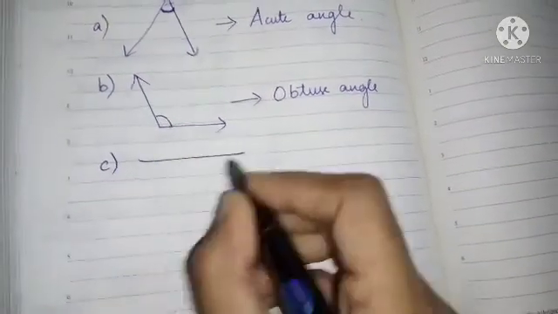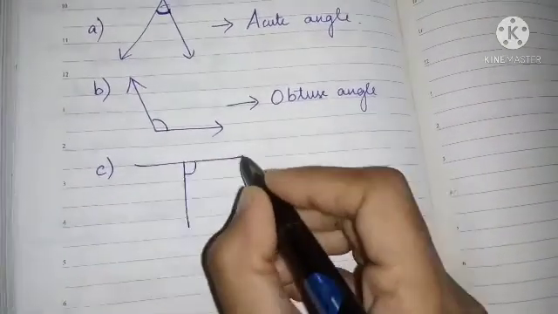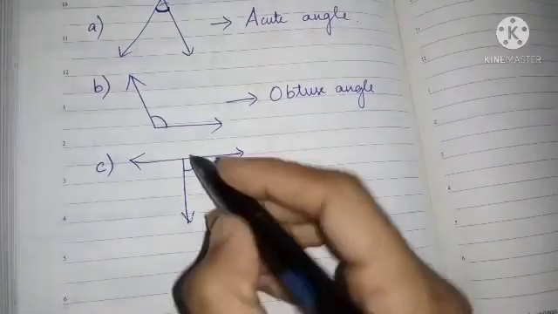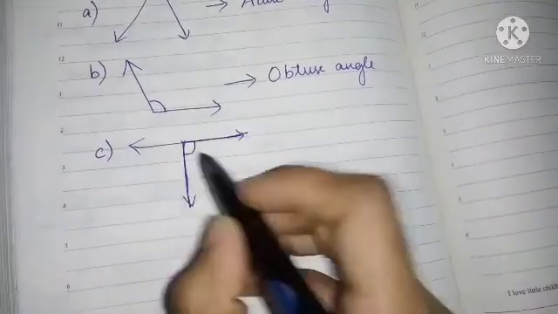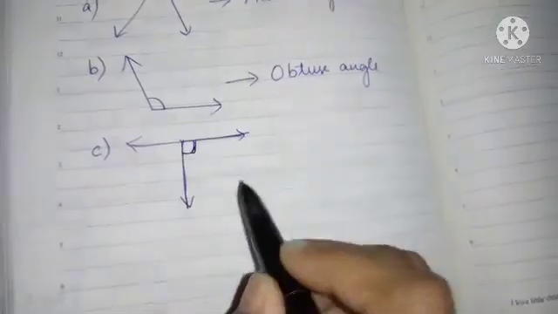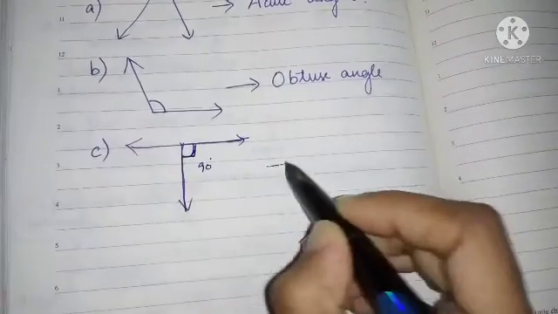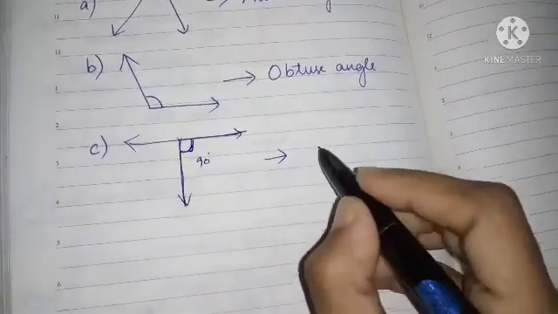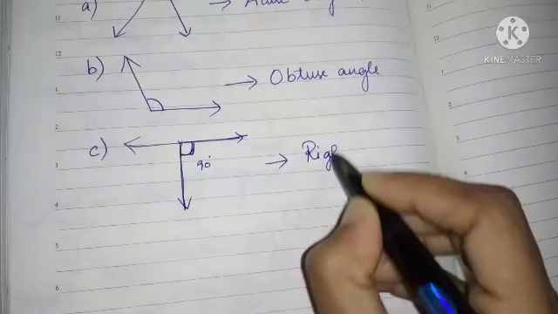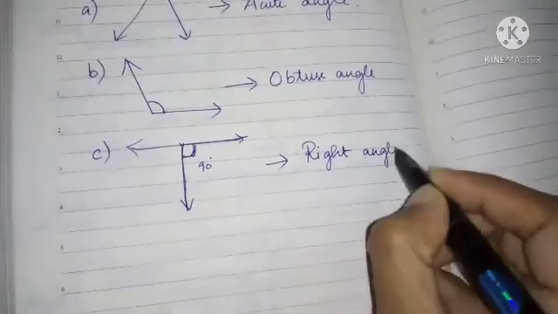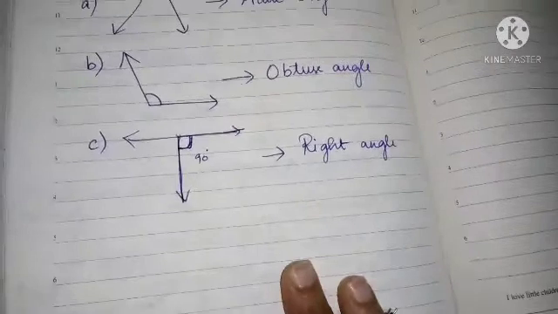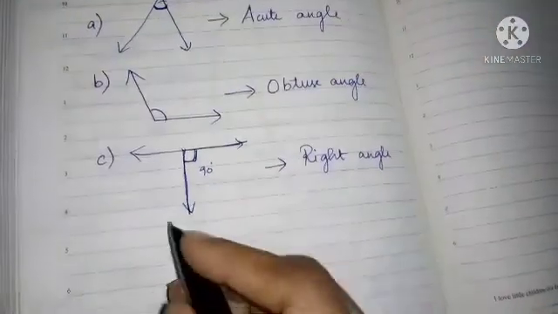See, they are asking this angle alone. This is straight, this is also straight, so we form a 90 degree angle here. When it is 90 degrees, what angle is it? It is called right angle. You should write the answers, okay?